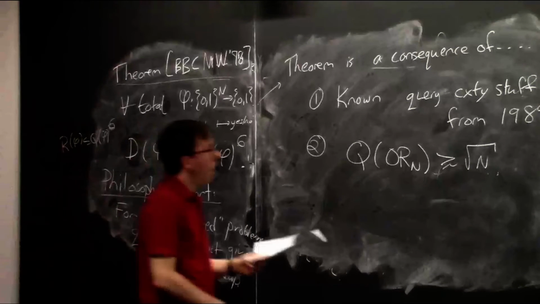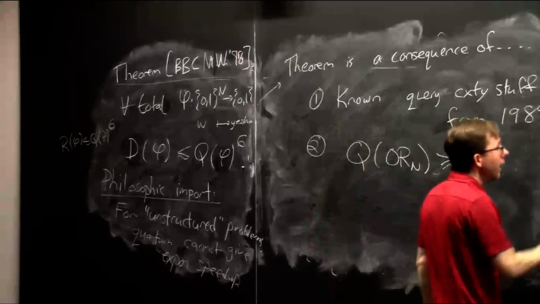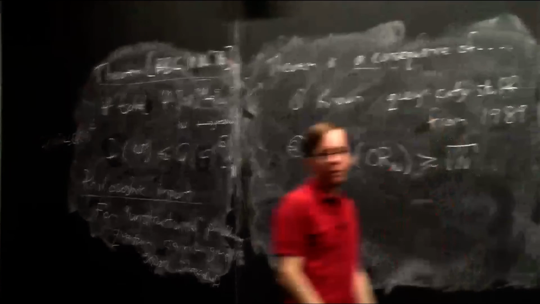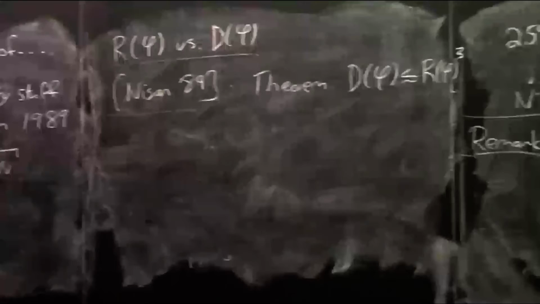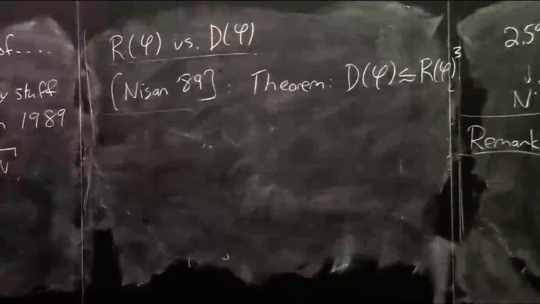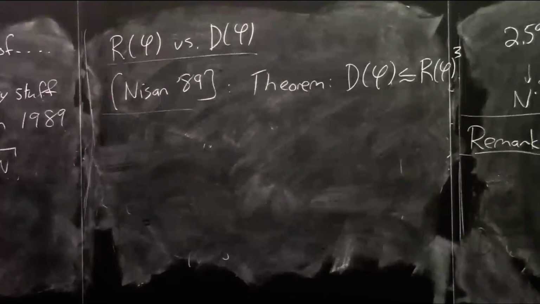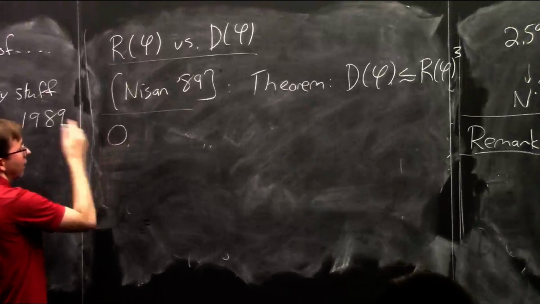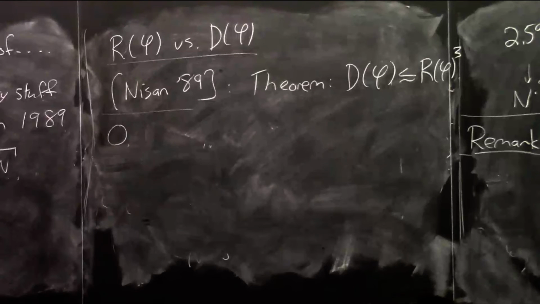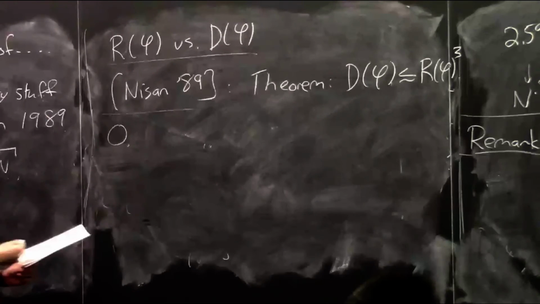And now I actually want to tell you a little bit about the structure of Nisan's proof. And then you'll understand these bullet points a bit better. So first of all, it's completely elementary. It's from 89. How complicated could it have been? But very clever. I mean, it's definitely clever. So here's how I like to think about his proof.